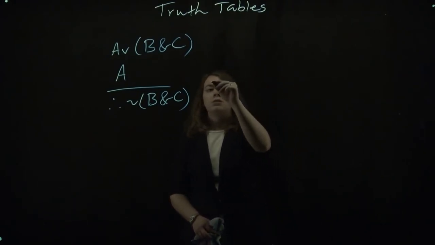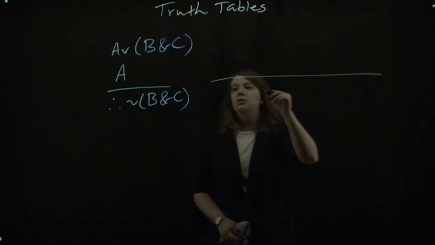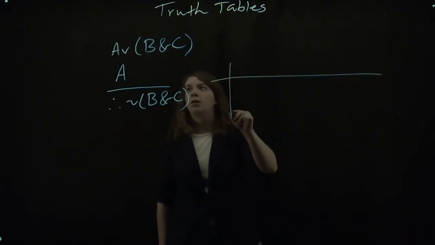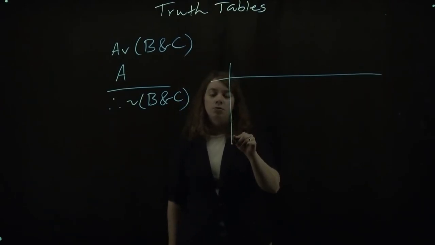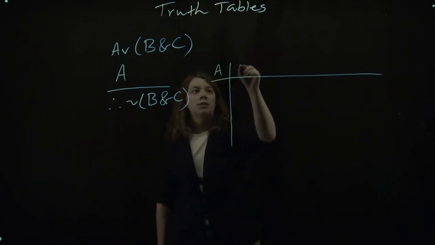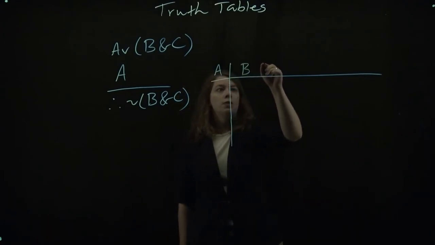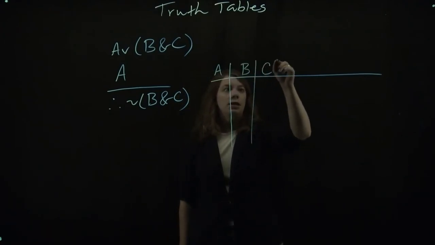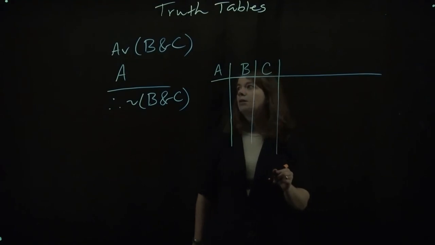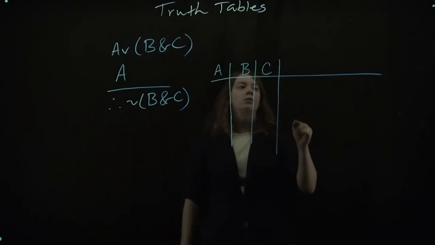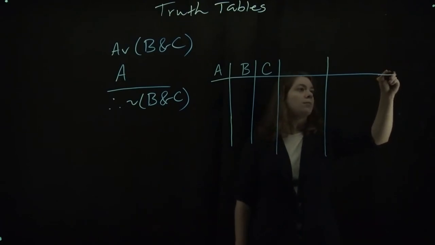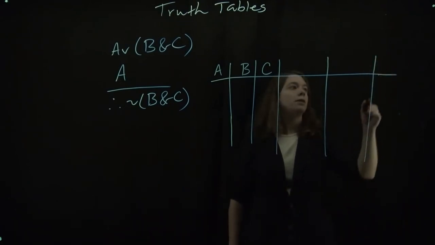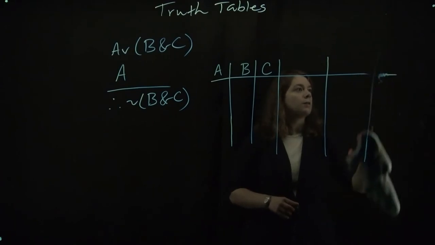So first things first, let's go ahead and create a column for each letter. As you see, now we have, instead of 2 letters, we have 3. So let's make an individual column for each one of those letters. Okay, and then let's put each premise and the conclusion on their own column here.